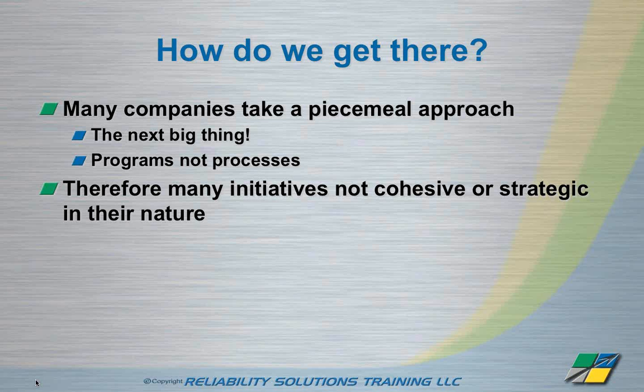In other words, once the program's finished, it's finished, and we end up slipping backwards. So many of these initiatives are not cohesive, and they're not really coordinated or strategic in their nature, which leads to quite a problem.